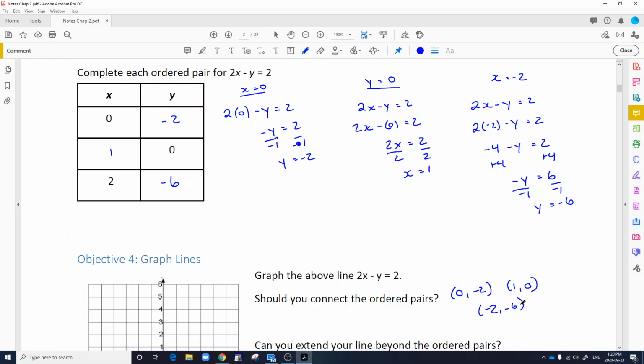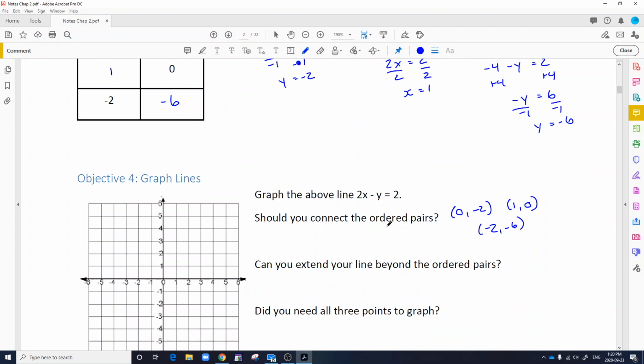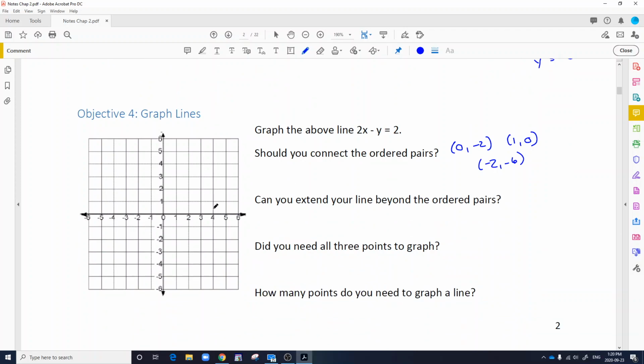These are the 3 points that I've solved for that are on the line. I'm going to know that I did this right because they should all be able to connect and make a line. If they don't, then I've made a mistake.